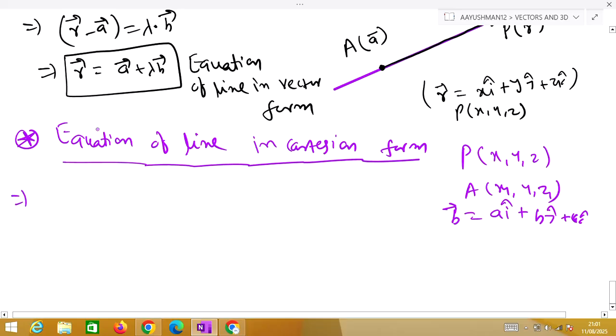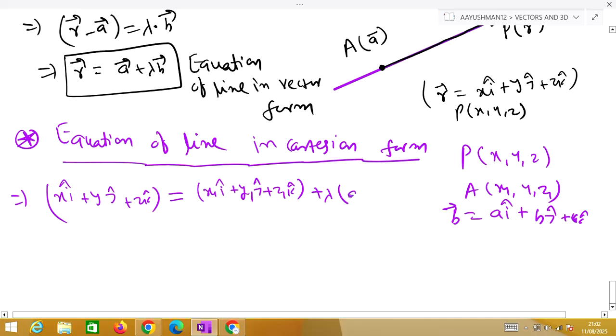So if we put all the values, this is the position vector actually, so this will be xi plus yj plus zk, plus a, it is equal to a, which is nothing but x1 i plus y1 j plus z1 k, plus lambda times vector b, that is ai plus bj plus ck.